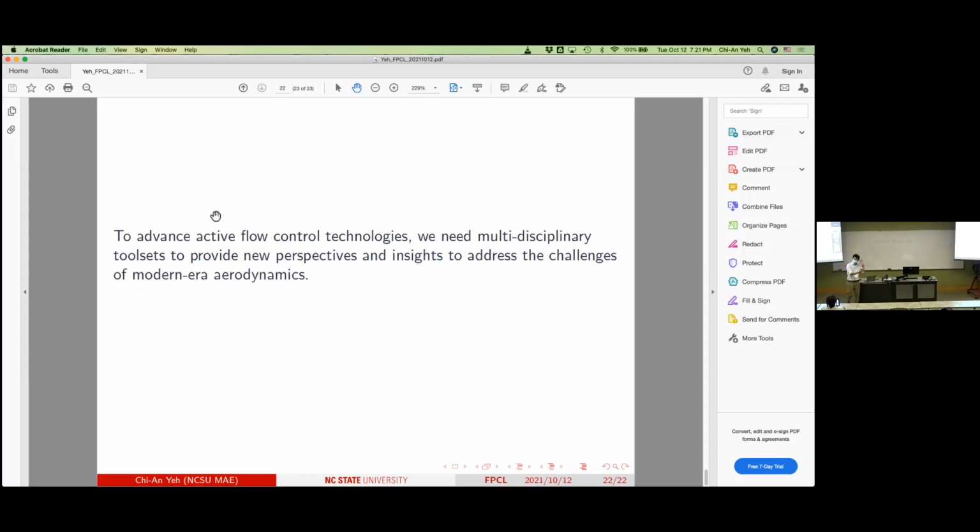Data science is emerging, but are we engineers able to learn or customize these data science tools for the challenges we're trying to address? That's maybe the last message I want to convey. Not really to teach you anything, but just to share a bit of my perspective. All right, thank you very much.